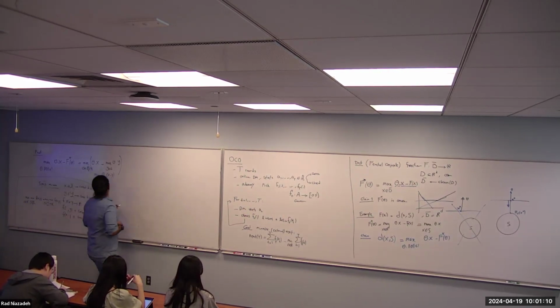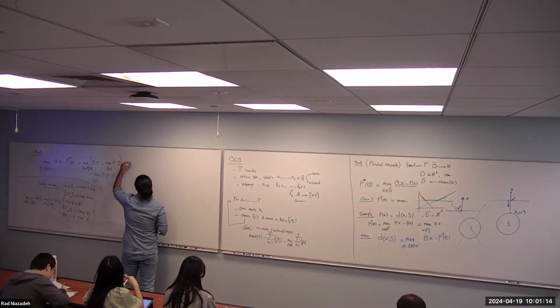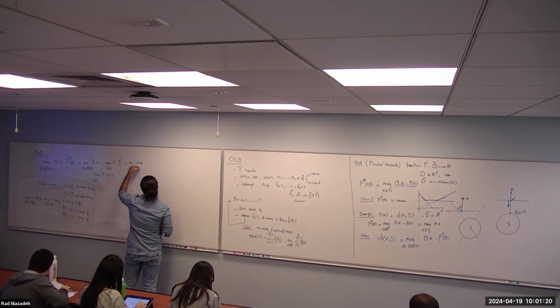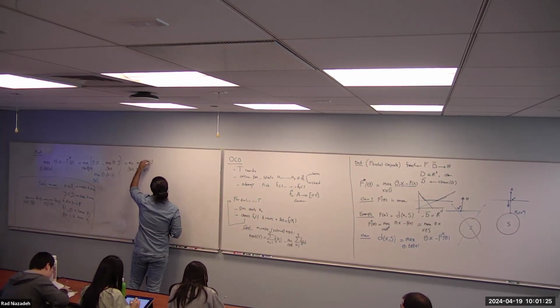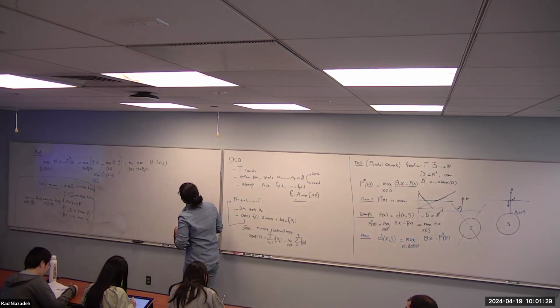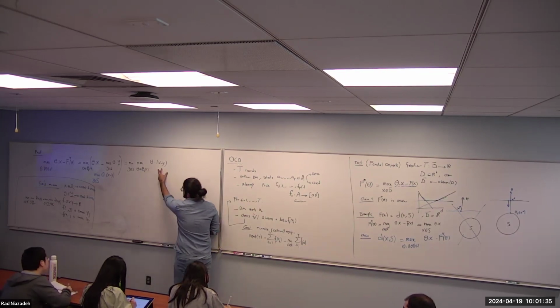Going back to our lemma, therefore I can swap the order of min and max, and now I'm going to have the min over y in S, max over theta in the L2 ball of radius 1, of theta dot product x minus y. All right, so now how can you maximize this?